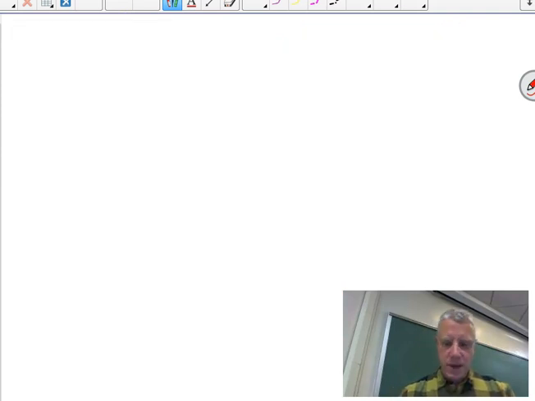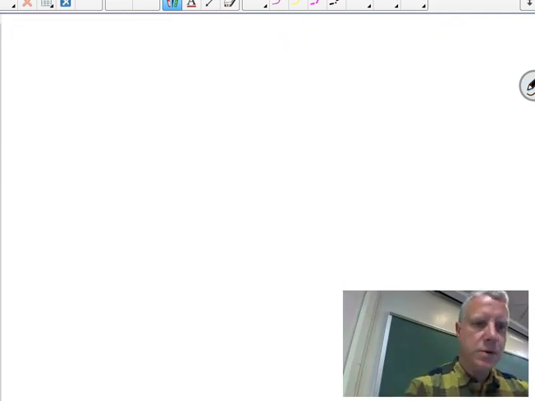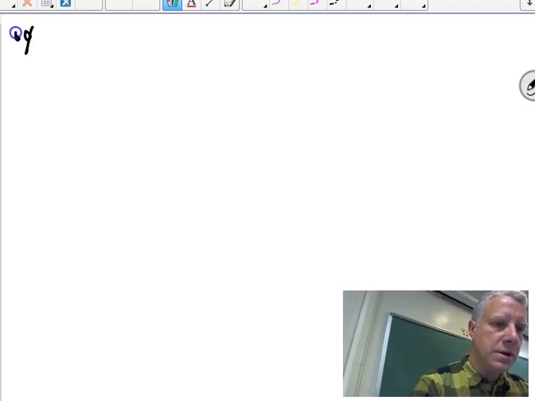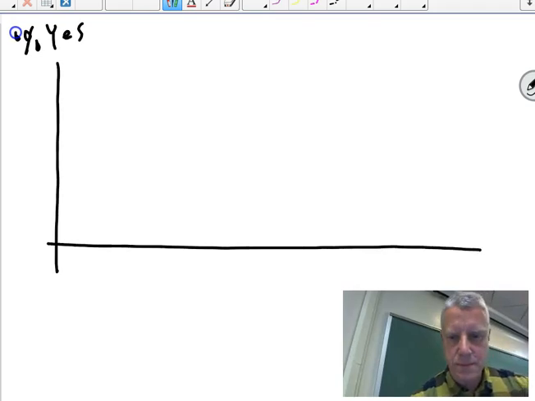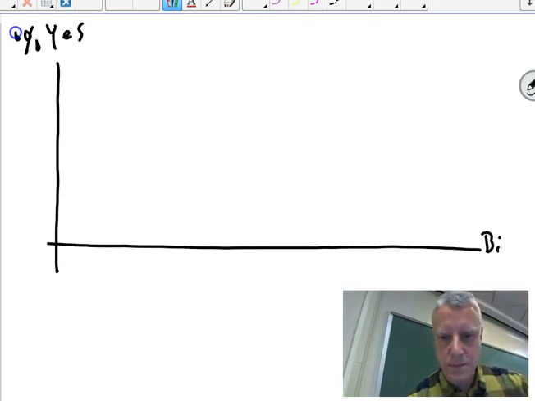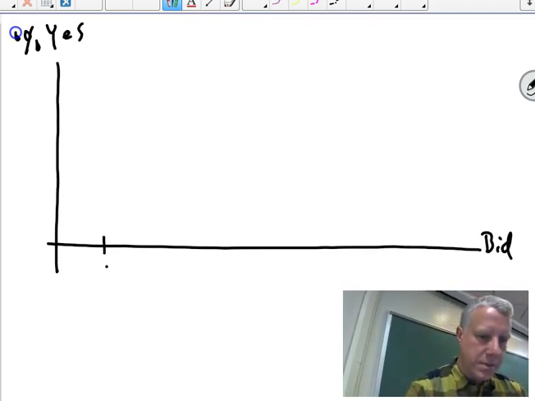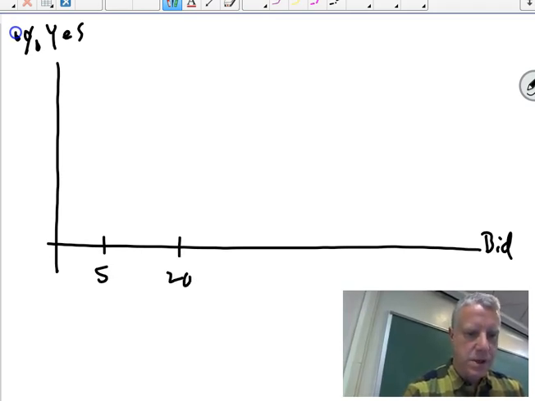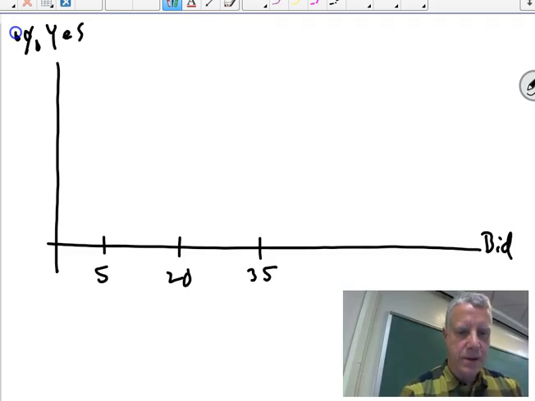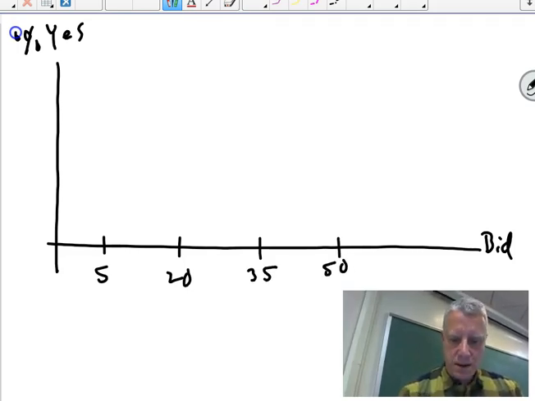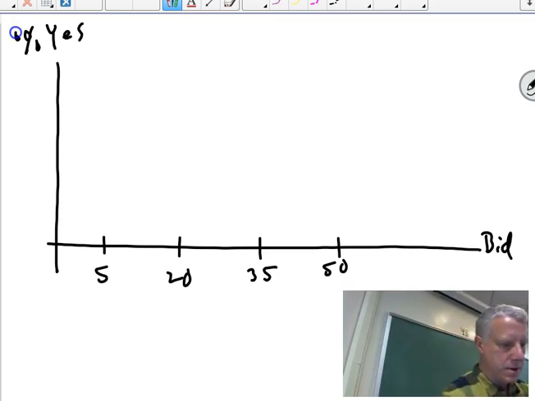So now I want to do the same calculation for people who do not target Red Drum. So the bid amounts are the same, 5, 20, 35, and 50. But the percentage of yes responses are lower because these are people who do not fish.